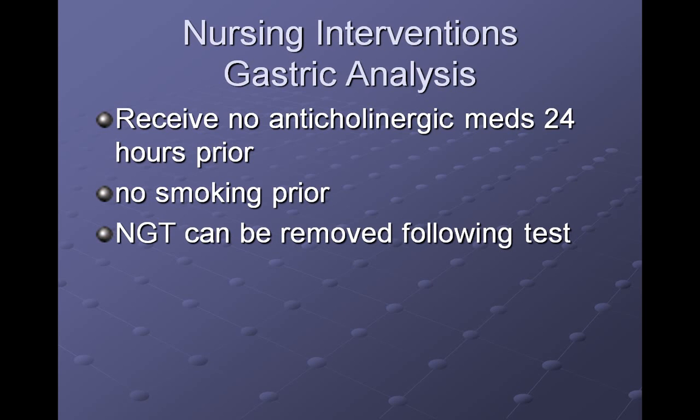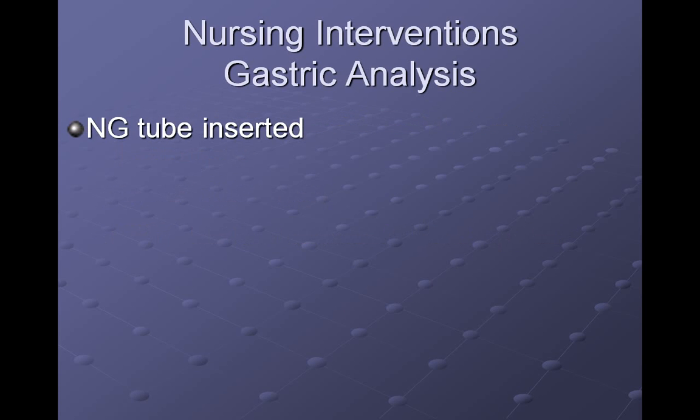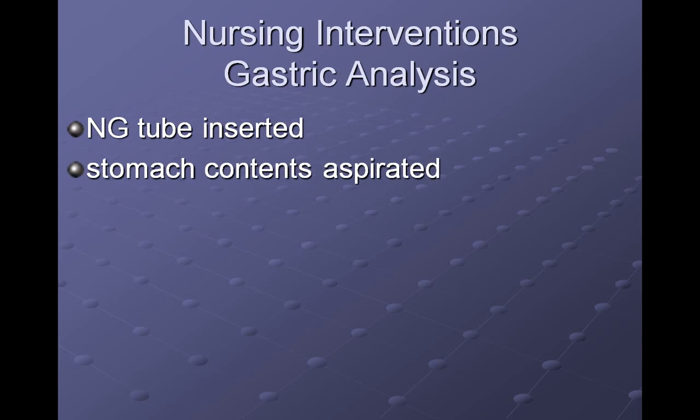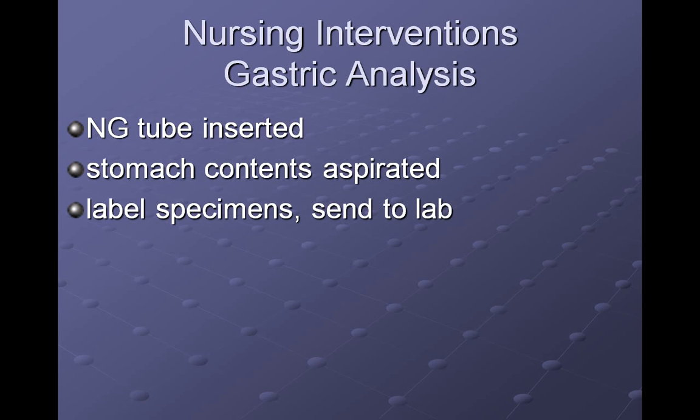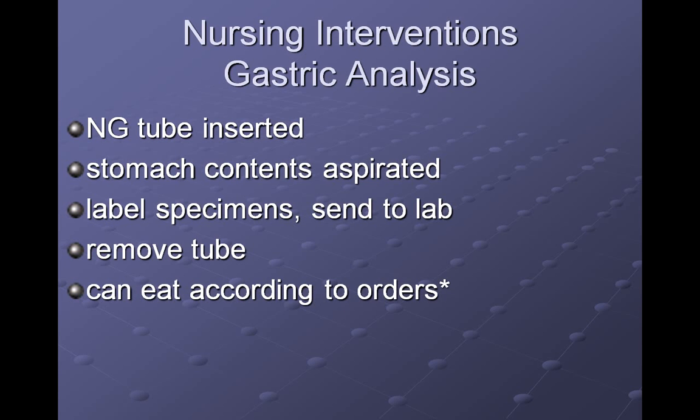No smoking is allowed. The NG tube can be removed following the test. The NG tube that was removed would be inserted, of course. Stomach contents are aspirated. Specimens are labeled and sent to the lab. Remove the tube, and the person can eat according to the orders that are written.